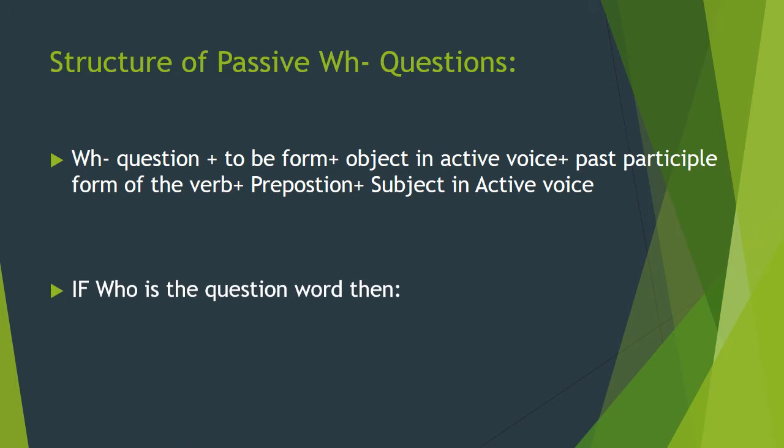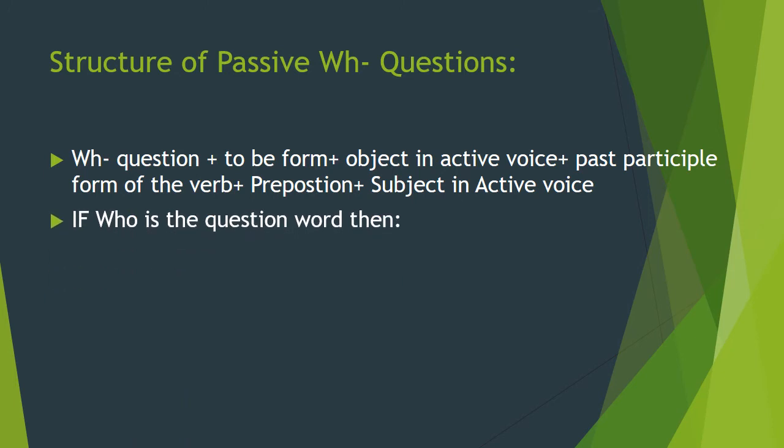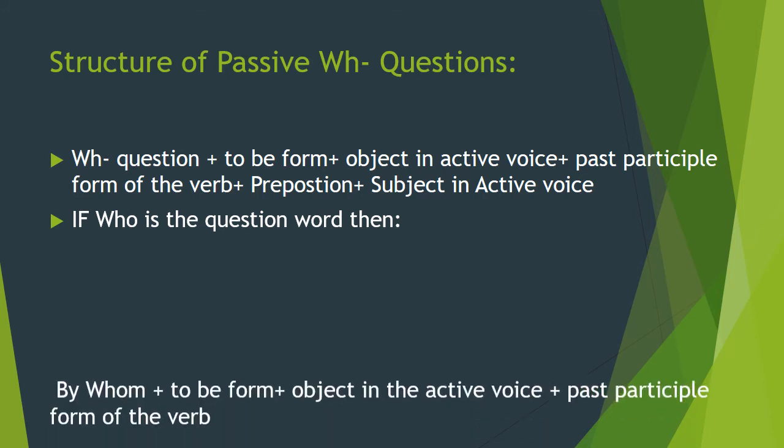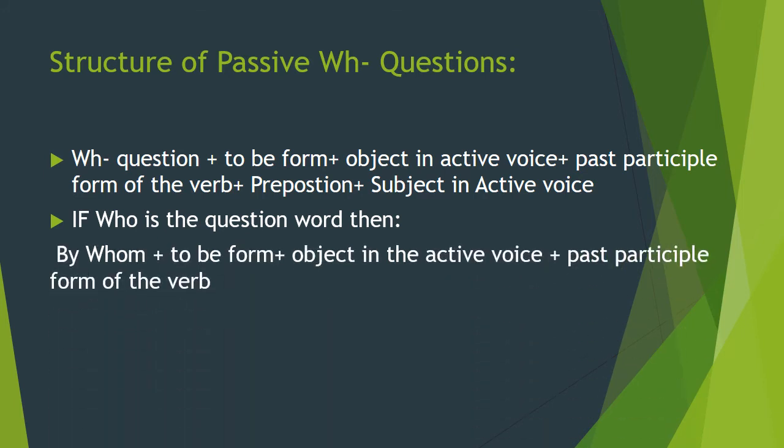If who is the question word, then how will the structure be? The structure will be by whom plus the to be form plus the object in the active voice plus the past participle form of the verb.